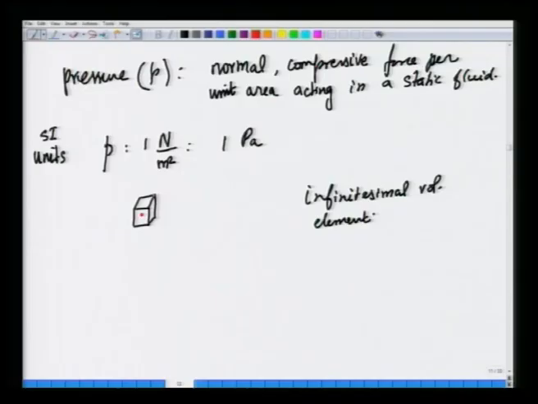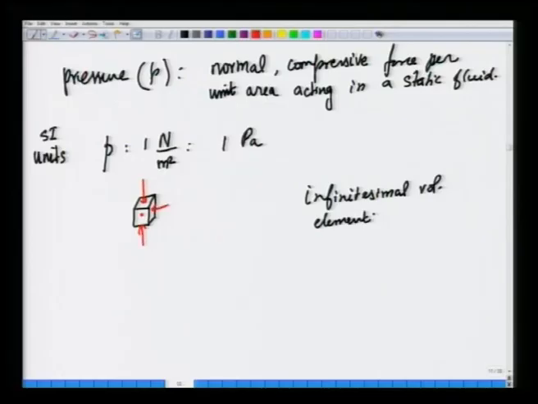For simplicity, this volume element is again a cubic volume element. There are 6 faces to this cube. There are 4 side faces and top and bottom. The pressure will act purely normally on all these 6 faces, but what is the value of the pressure P as the volume element shrinks to 0?